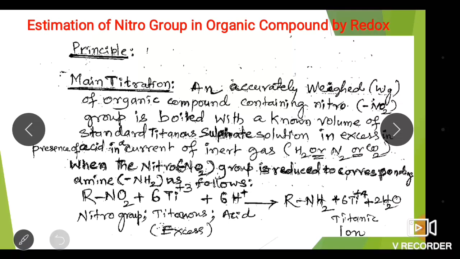The nitro group, NO2 group, is reduced to the corresponding amine, that is NH2 group, as follows.